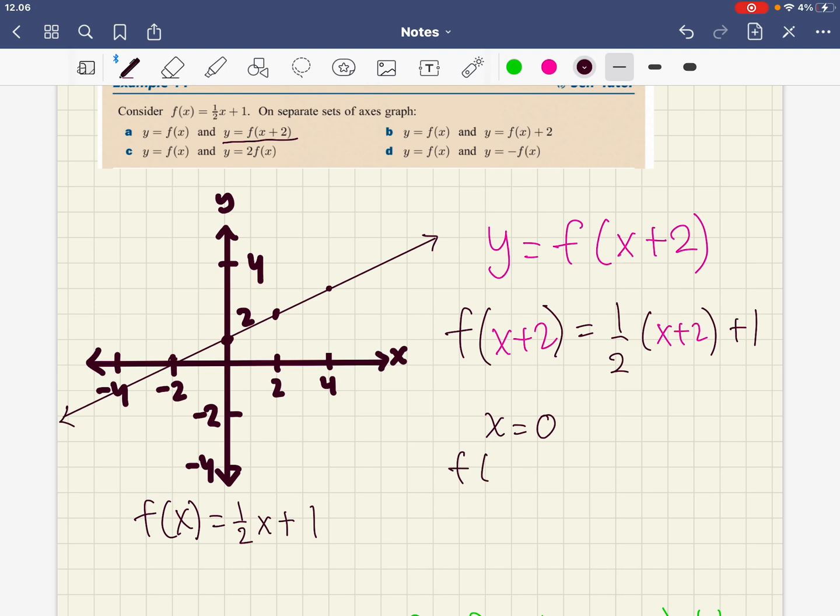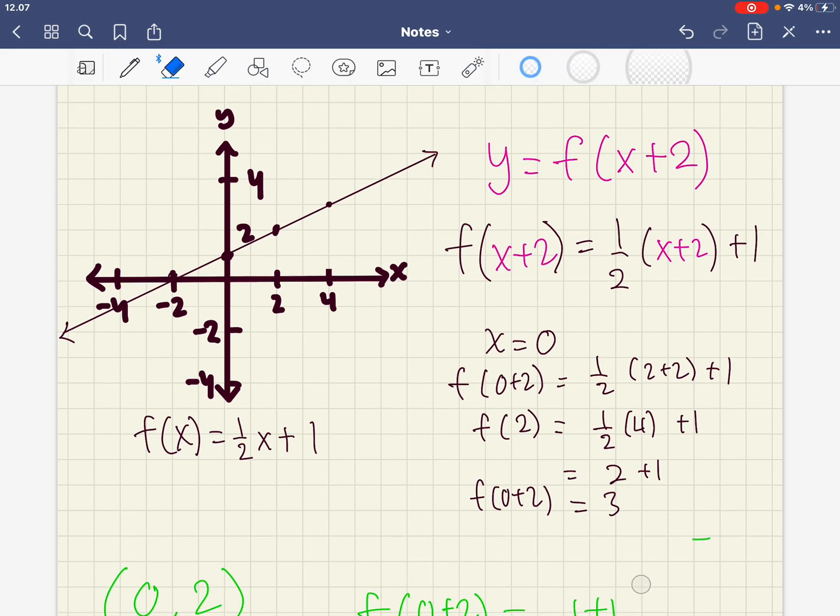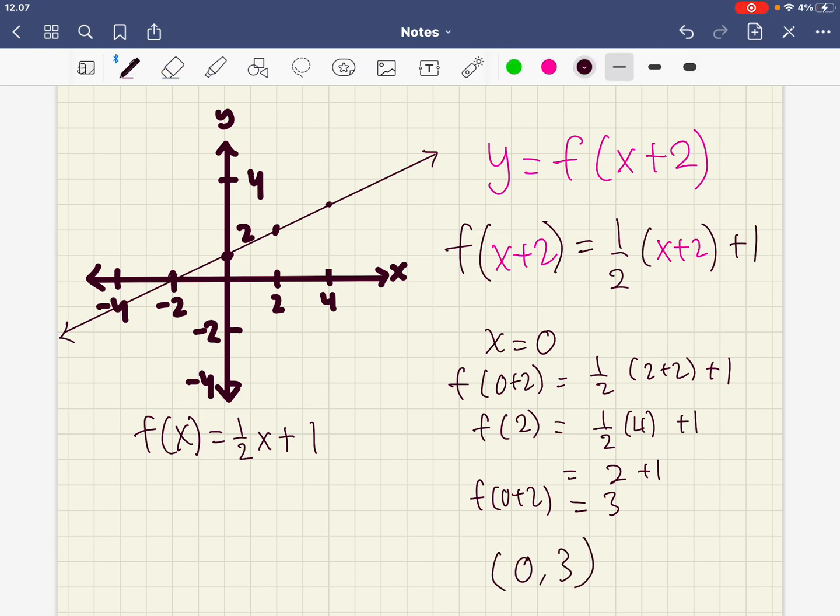So f of 0 plus 2 equals 1/2 times 2, plus 1. That is 1/2 of 4... no, 1/2 of 2 is 1, plus 1, and then the result is 3. So my point is 0, 3, because my x was 0, and my f of x plus 2 is 3. So 0, 3 is my new point.